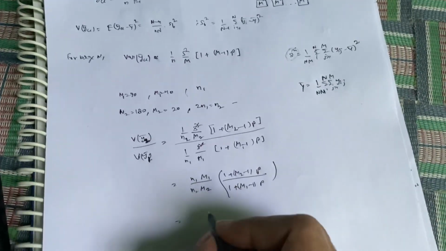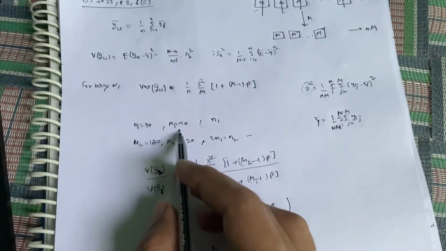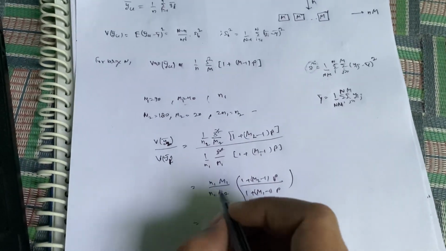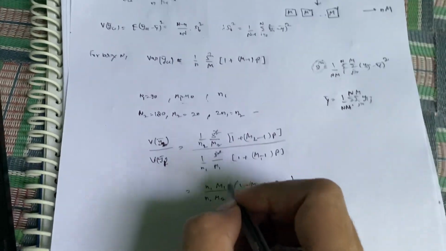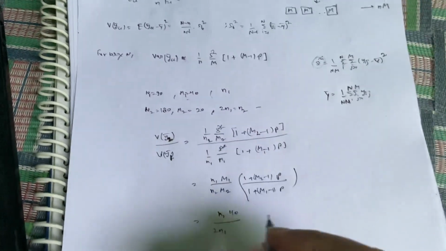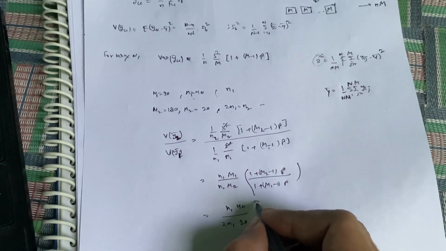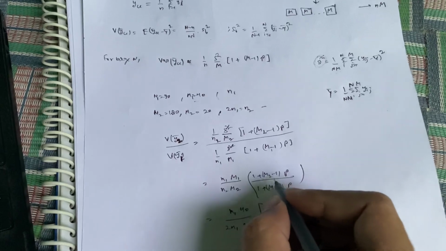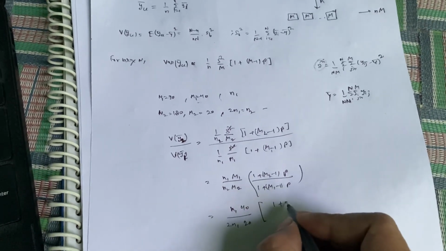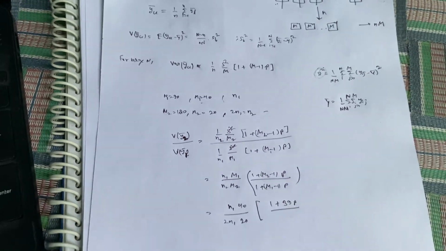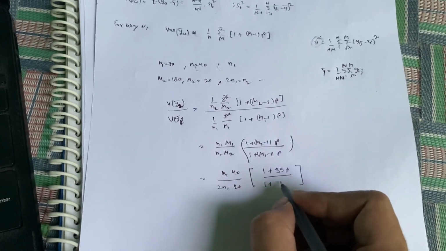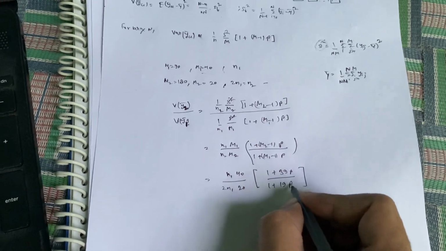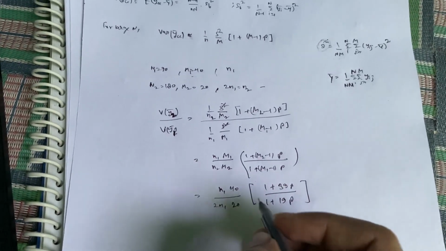Now n1 is n1 and m1 is 40. n2 is 2n1, put it here. m2 is 20. And 1 plus m2 minus 1, that is 19, into rho, and 1 plus 40 minus 1, that is 39.